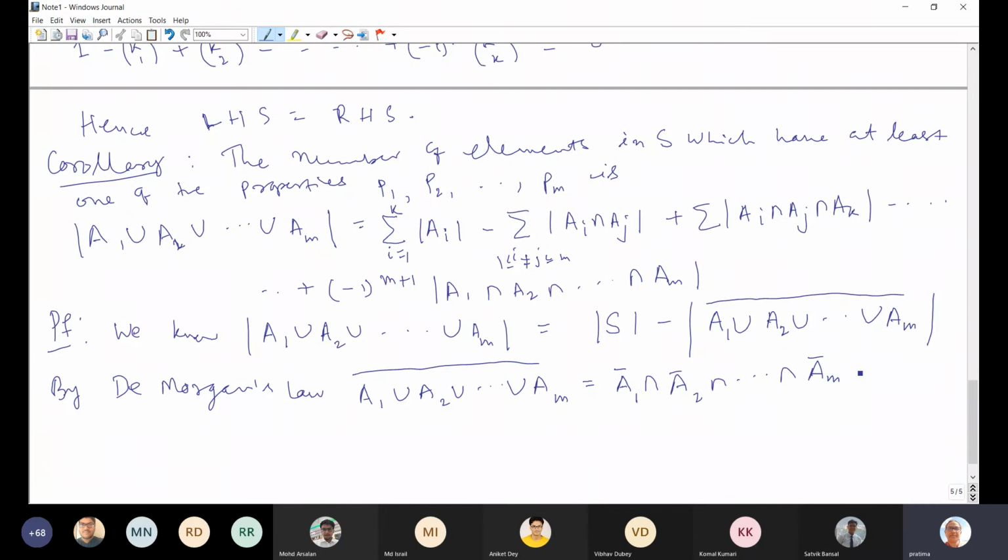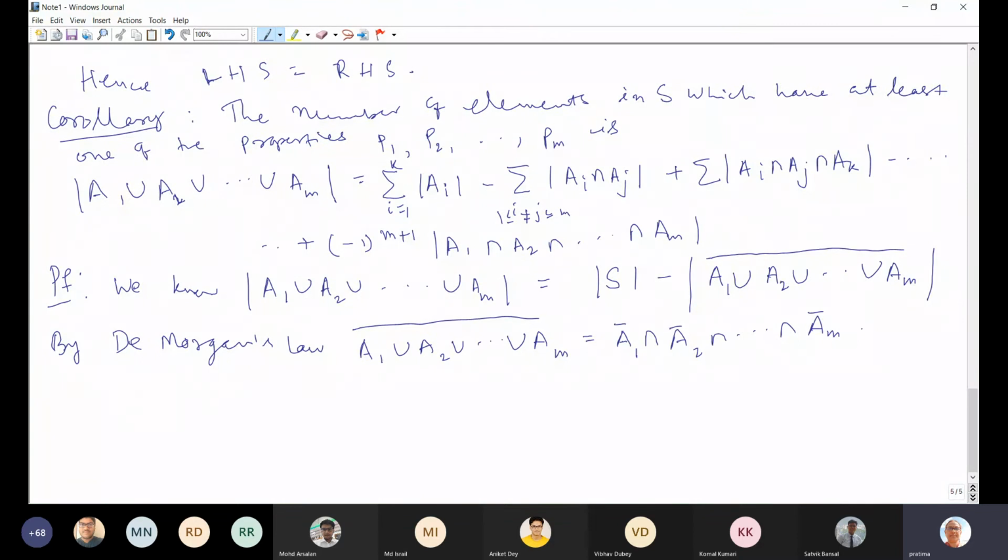So now you substitute this result and apply the principle of inclusion and exclusion. So now what do you get? The cardinality of S minus the cardinality of A1 complement intersection A2 complement up to Am complement.